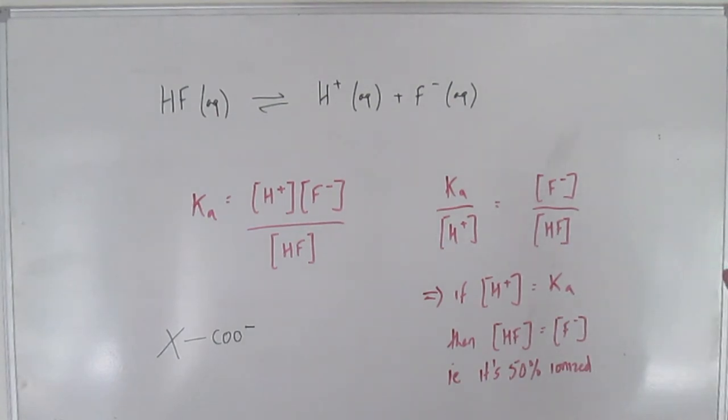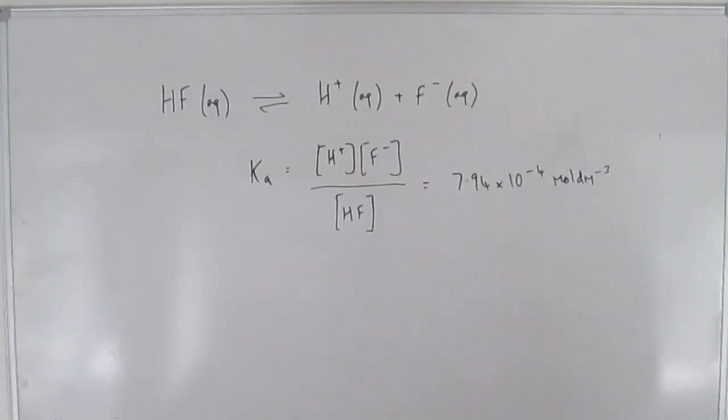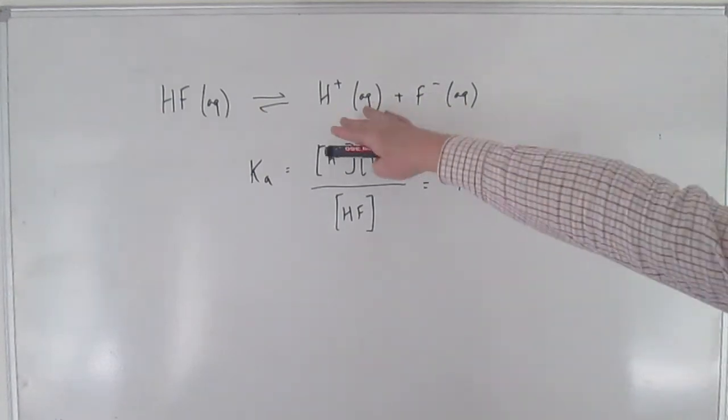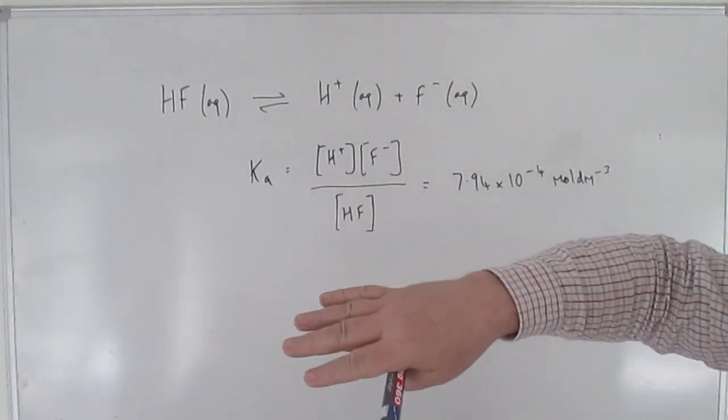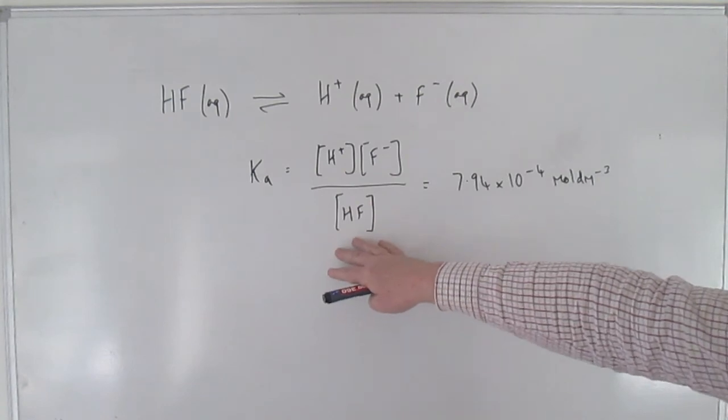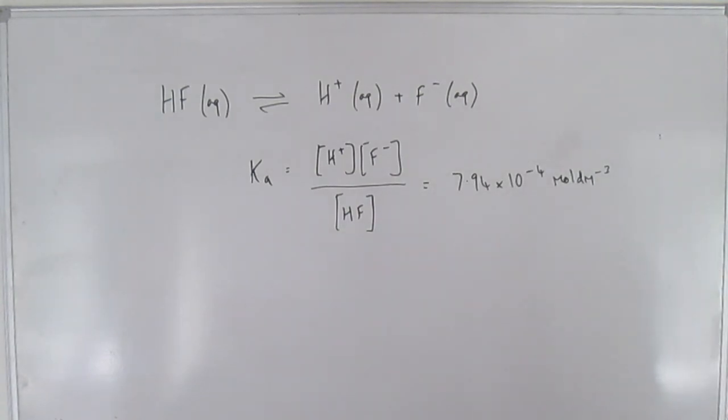So Ka is an incredibly useful number for giving you a feeling of whether a given group will be charged or not. And as I say, that plays a really important role in biochemistry. So we had for this equilibrium a Ka expression here, and we worked out that that was the value for Ka.